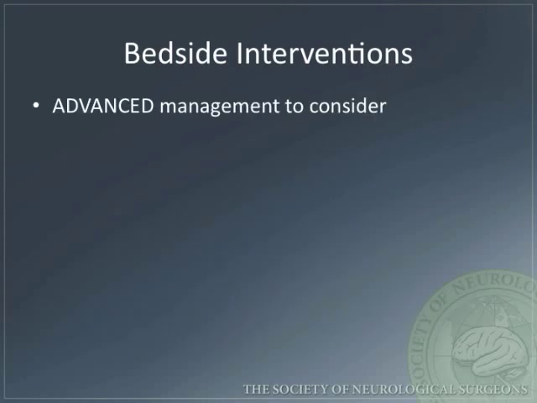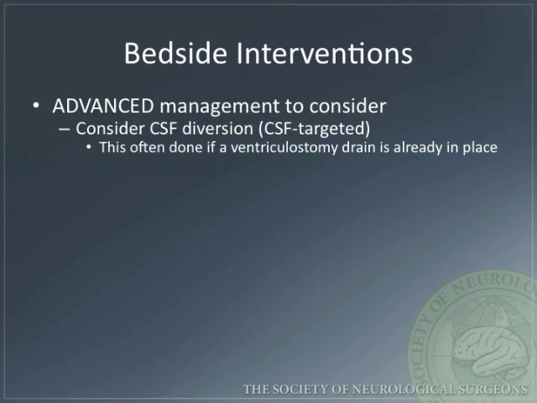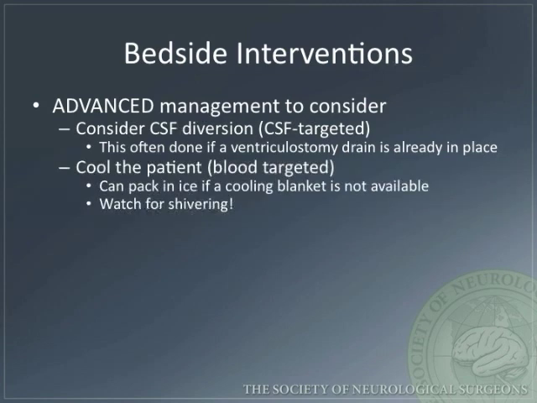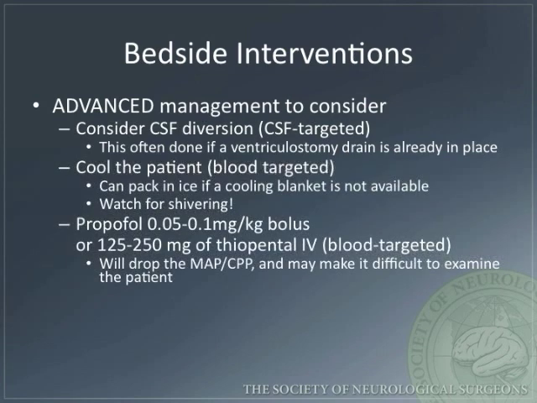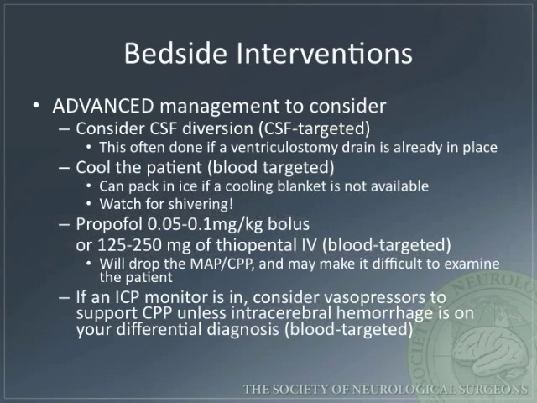Advanced bedside interventions include CSF diversion via ventriculostomy, hypothermia, and sedation. If an ICP monitor is in, consider vasopressors to support CPP unless intracerebral hemorrhage is on your differential diagnosis.